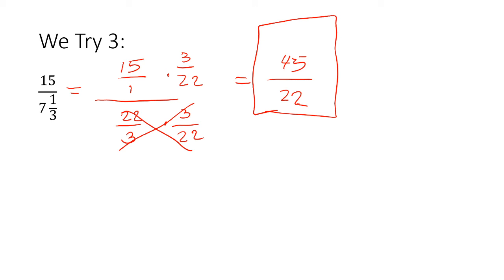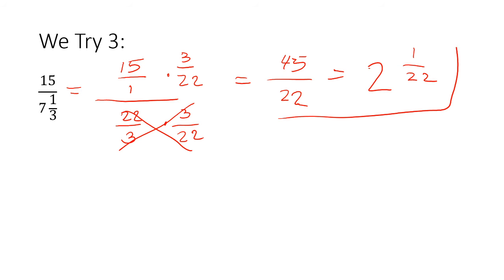And I'm done. Unless you want to make it an improper or a mixed number, you can do that if you want. 45 minus 44, 2 and 1 22nd if you want. Either one of these is good with me.